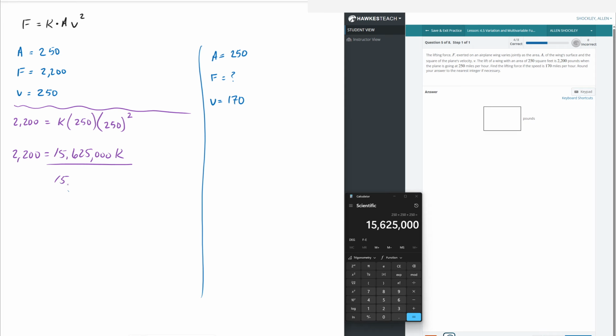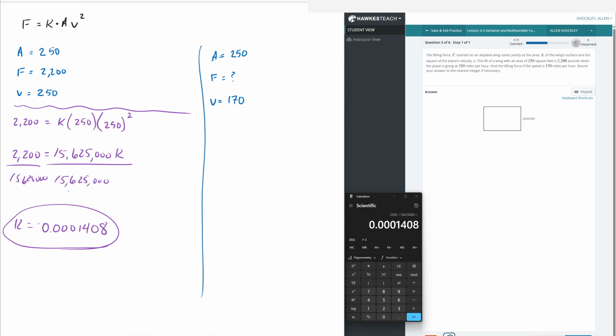Divide by 15,625,000. K equals a very, very small number. Memory save this. We're going to do 2200 divided by memory recall, which gets us 0.123148. That's my K value.